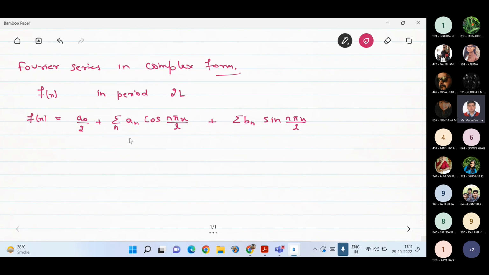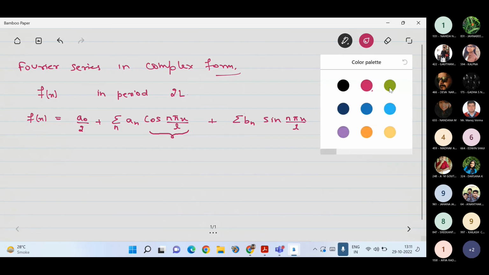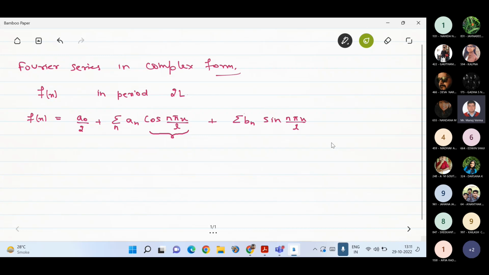Now if I want to write this cos function and sine function in terms of exponentials, then I know that cos x can be written as e raised to the power ix plus e raised to the power minus ix divided by 2, and sin x can also be written as e raised to the power iota x minus e raised to the power minus iota x divided by 2i.